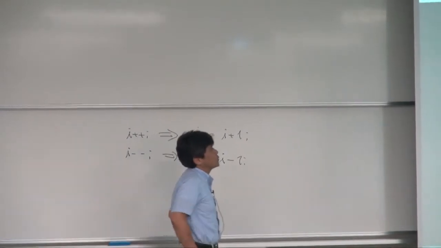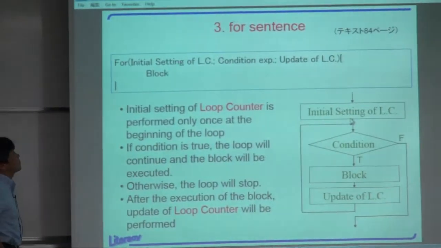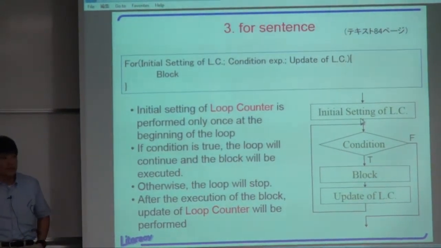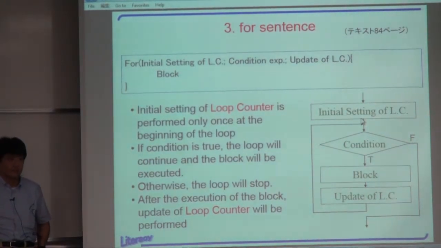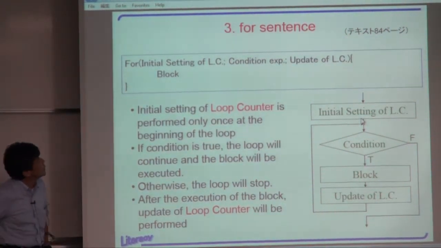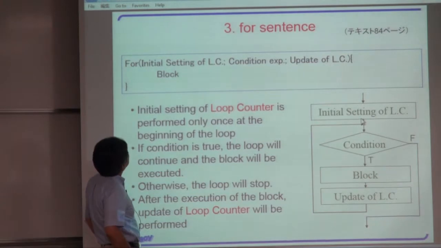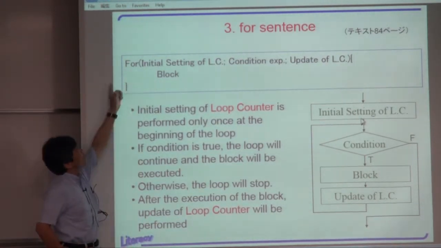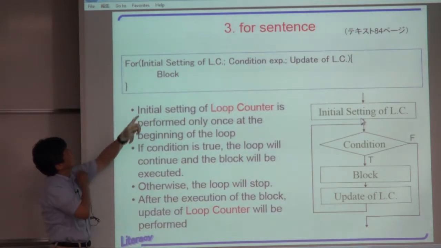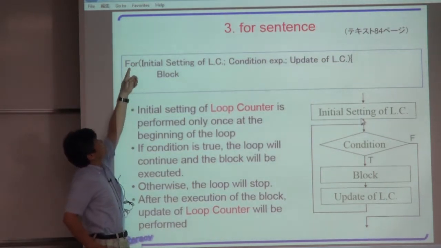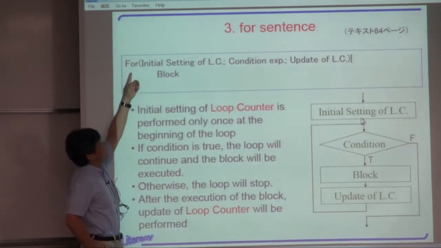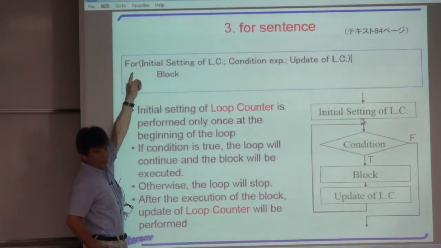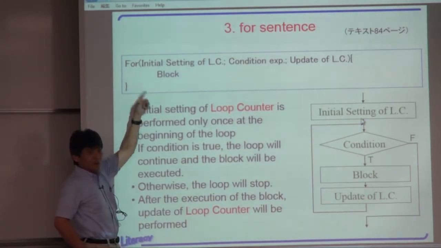So here I'd like to introduce the for sentence, how to use the for sentence in your program. The typical format is as shown here. So this is a mistake. You have to specify the characters as small letters, a small f, o, r, not capital letters.